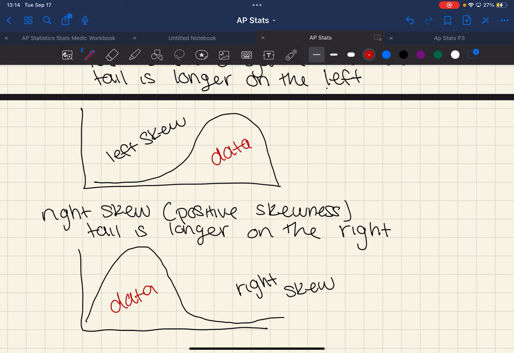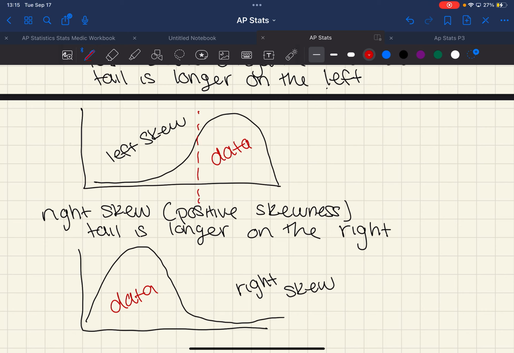Okay. So if we are looking at our positive skew versus our negative skew, so our right skew versus our left skew, we know that where the graph is starting to curve down or curve up, depending on which one we're looking at, so right here where it's starting to go up, and right here where it's starting to go down, this is the median.